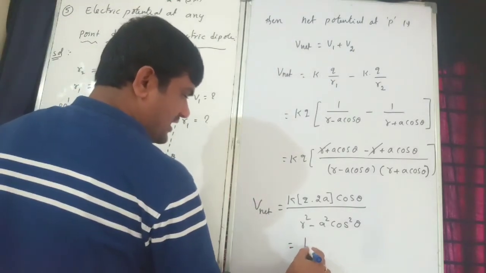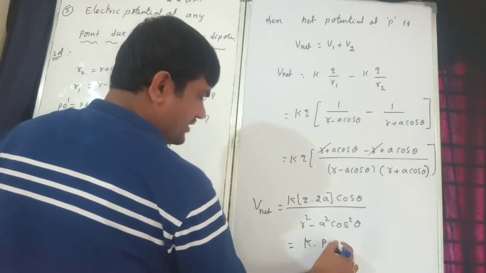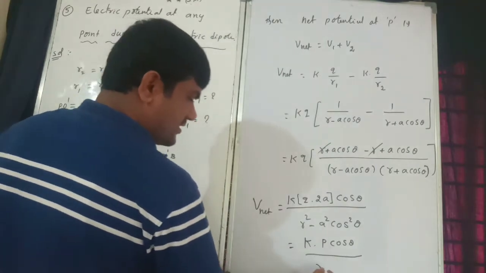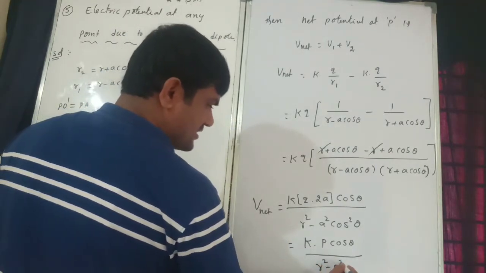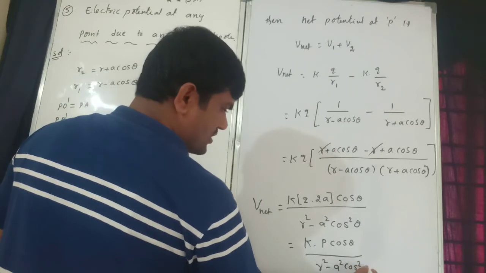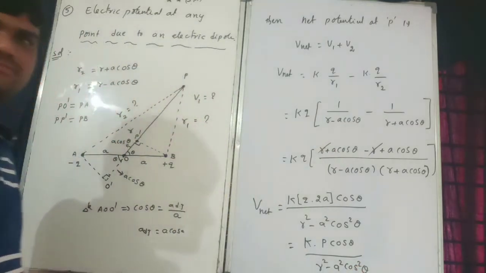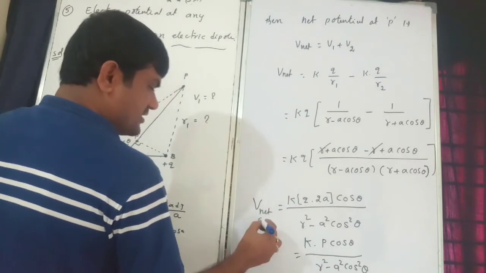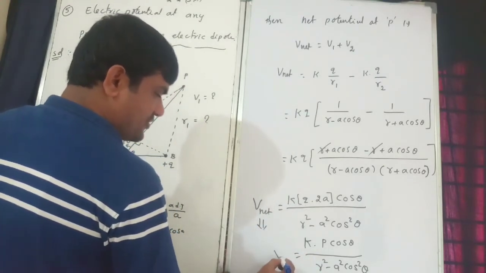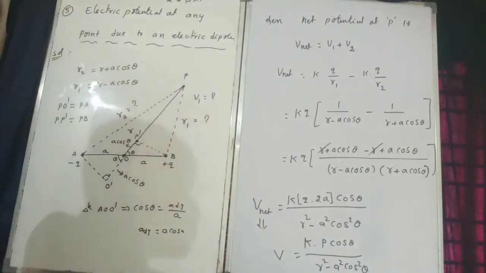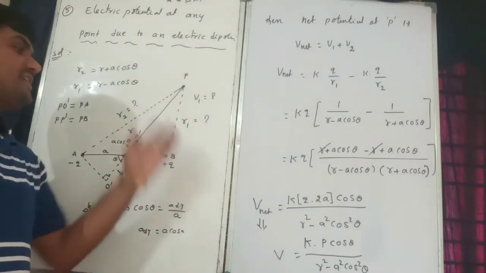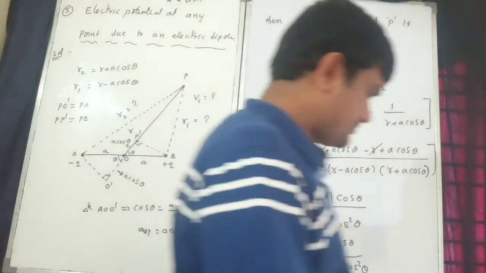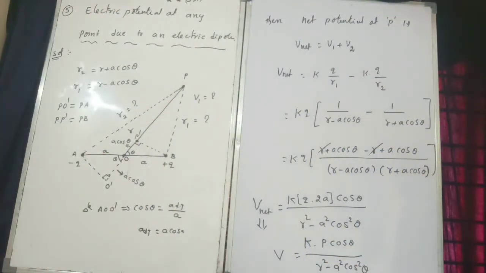Therefore, final formula: K into P cos theta divided by R square minus A square cos square theta. This is the potential. Now V net I will consider V, the potential at any point. Very simple derivation.